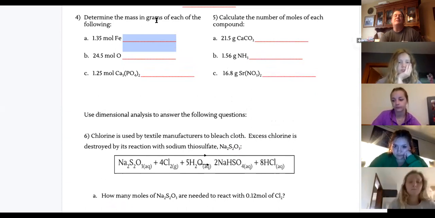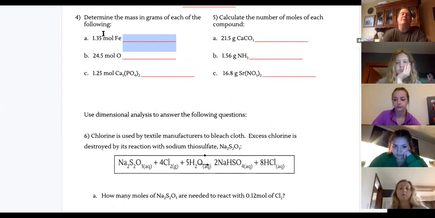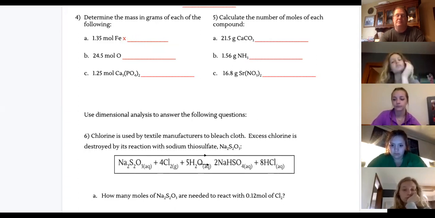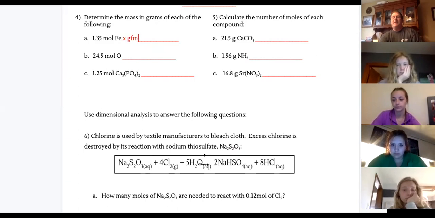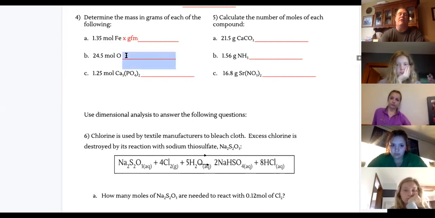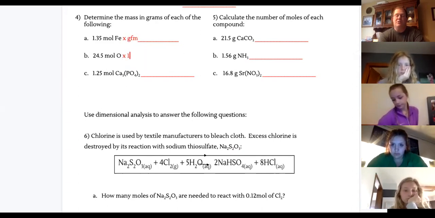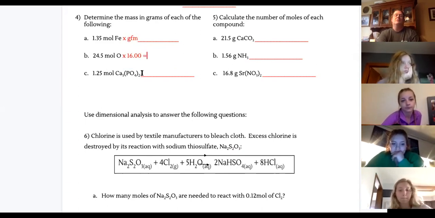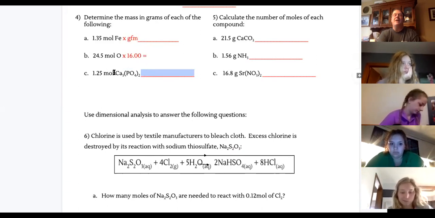If you're trying to figure out the mass in grams of each of them, you'll have to take that number and multiply it by its gram formula mass. And again, gram formula mass is the mass of it from the periodic table. And you're going to do the same with all of these. So 24.5 moles of oxygen times its gram formula mass, which is 16.00. Right. This one, you'll have to go through the math and figure out the gram formula mass of that.